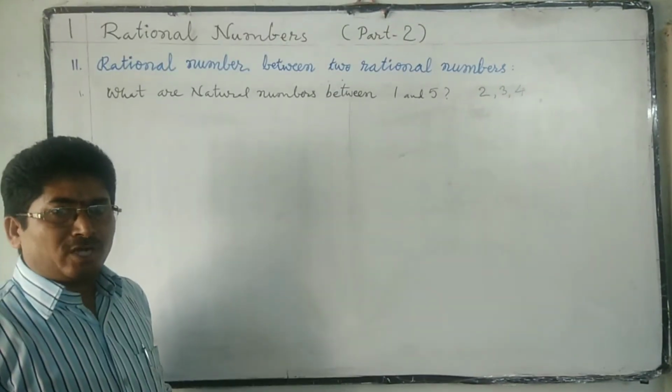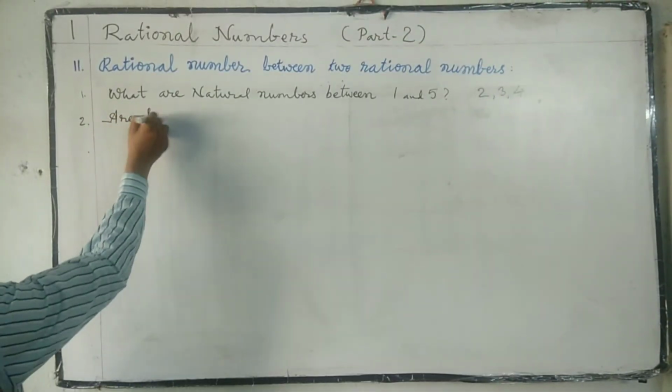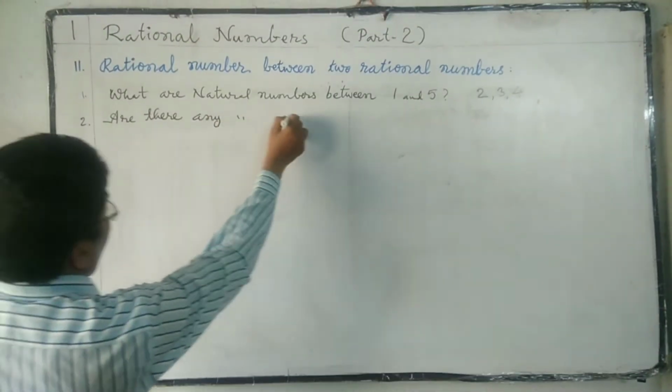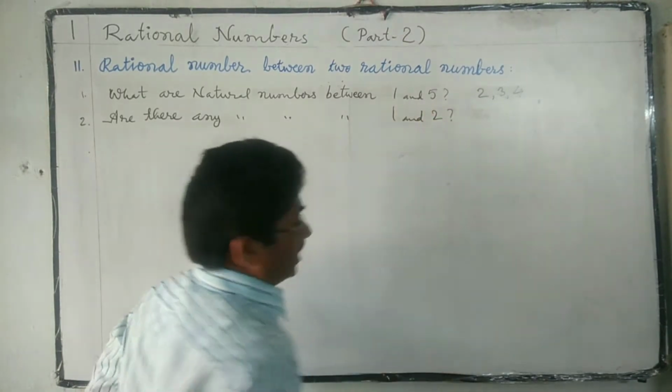Are there any natural numbers between 1 and 2? No.